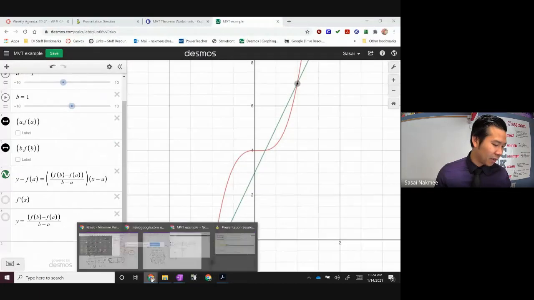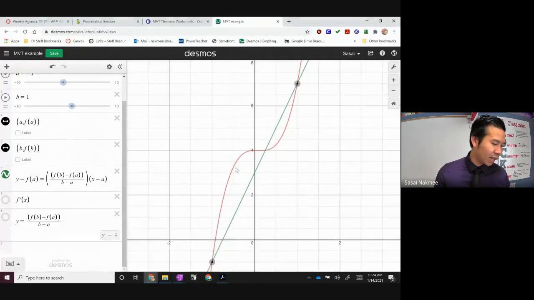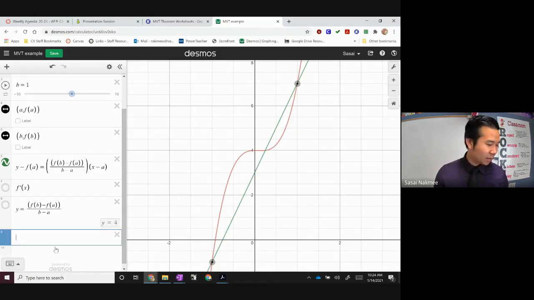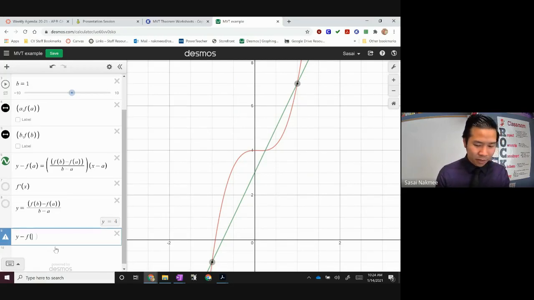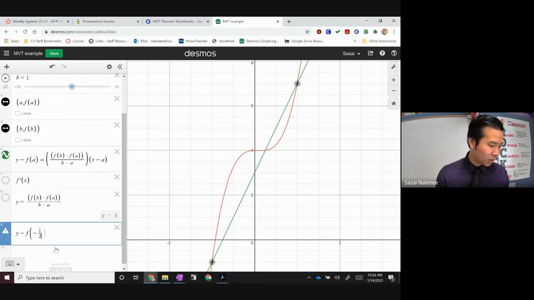I'm saying if I were to graph a tangent line at those points, those tangent lines will be parallel to this green line. My skills at this are a little bit rusty, but let me see if I can code this real quick. I think I can do this. Give me 1 second. It should be f of -1/2, right, is what we got.